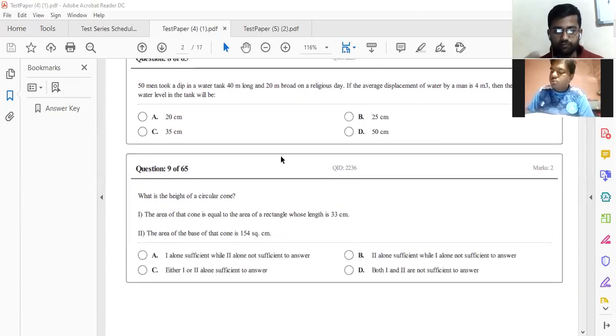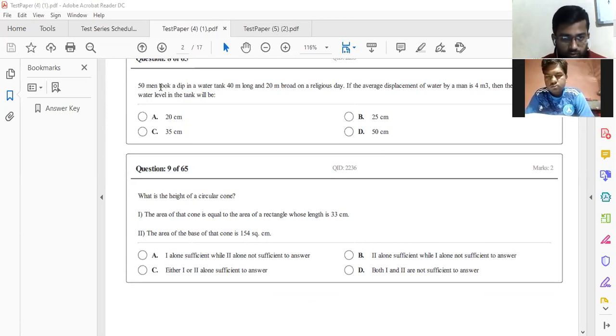Next, 50 men took a dip in a water tank 40 meter long and 20 meter broad on a religious day. If the average displacement of water by a man is 4 meter cube, then the rise in the water level in the tank will be.